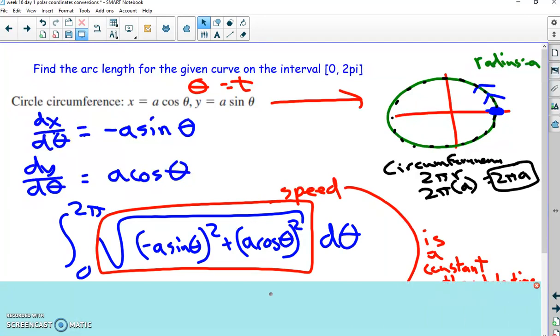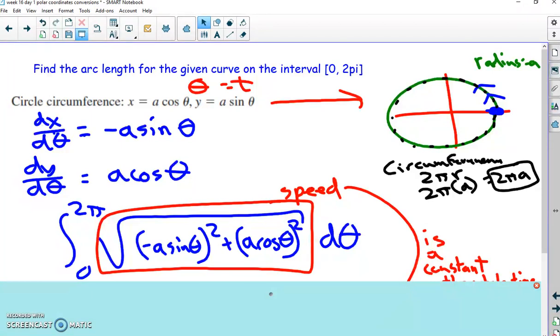So I have 0 to 2 pi. That 2 pi is saying it takes me 2 pi seconds to do this. So 0 to 2 pi of that speed formula. And now we got to integrate it. Okay? This is the easiest integral because a lot of that goes poof away.